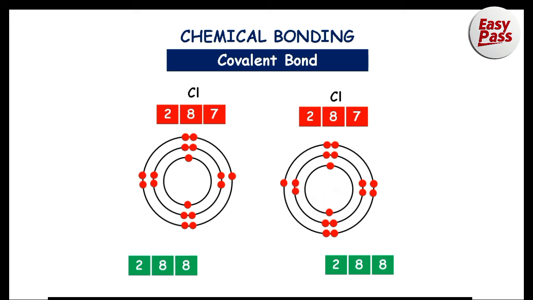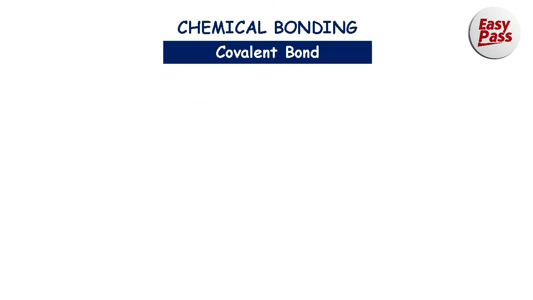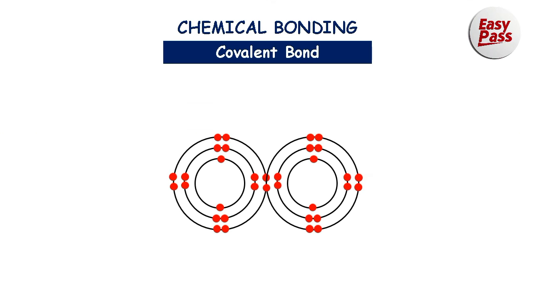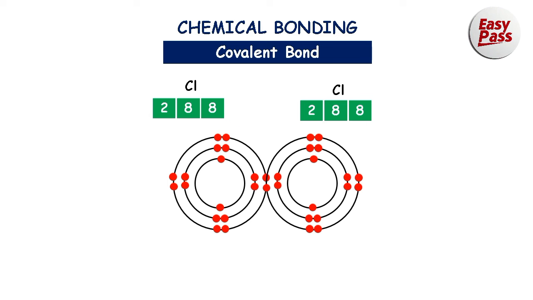We have something like this. This is the last electron of the first atom of chlorine, and this is the last electron of the second atom of chlorine. When you count the total number of electrons in the outermost shell of chlorine, we have 2 plus 2 plus 2, which is the pair of electrons they both share, plus 2. You find out that this chlorine belongs to group 8.